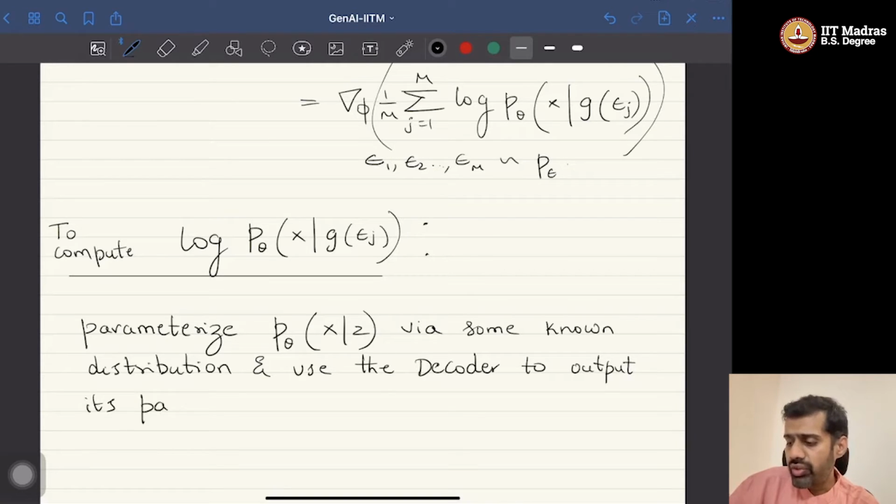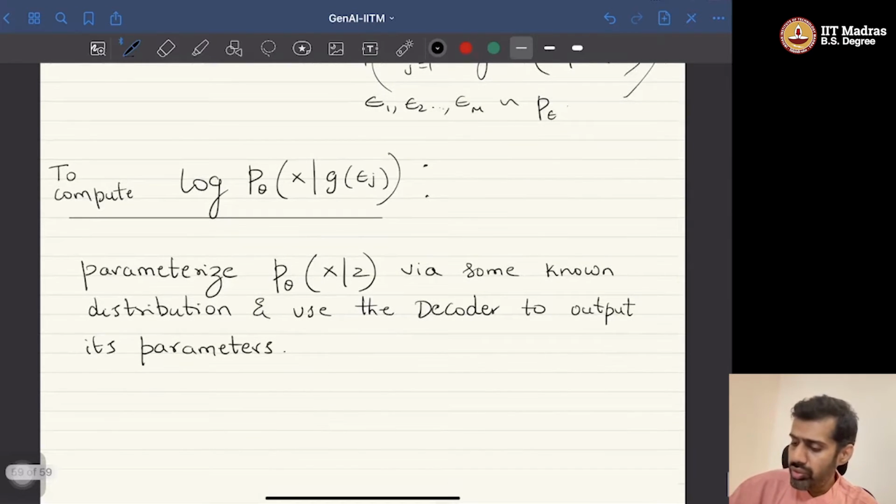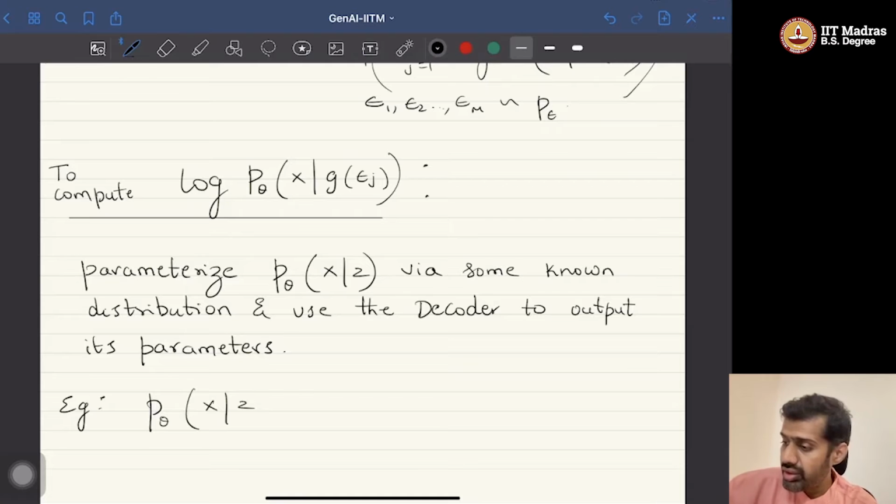That is what we have been saying, that the decoder and encoder networks in a VAE are probabilistic in the sense that they give you the parameters of the distribution that they are modeling. So an example to do this is, let's say that we assume p theta of x given z. This is one example, but there are multiple ways to do it.